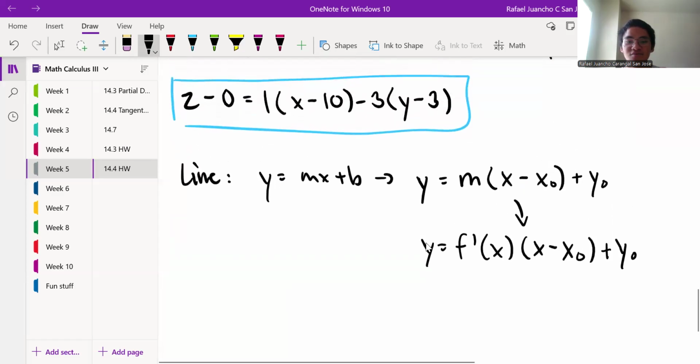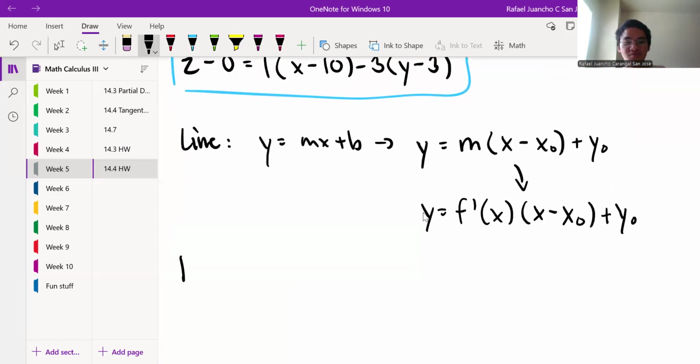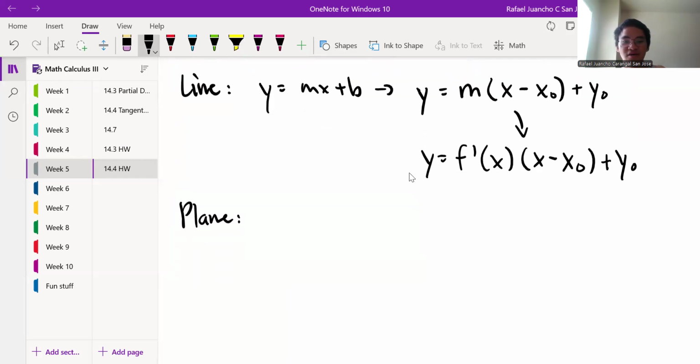And then now we look at it from a plane perspective. So from a plane, now we have z. We have z minus z naught, and then f sub x. So here's just something to look into.